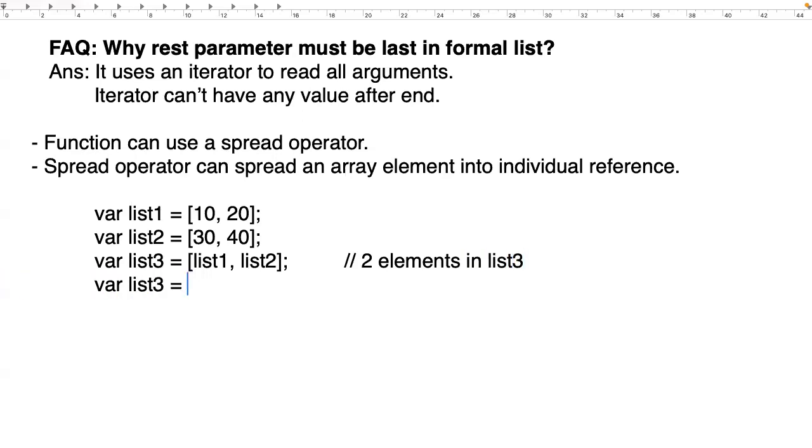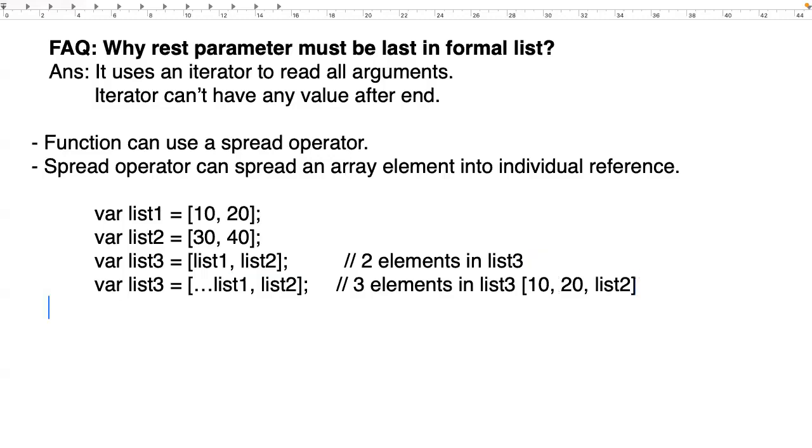If I say like this, dot, dot, dot, list 1 and list 2. Now how many elements are there? 3 elements in list 3. What are those? 10, 20 and list 2.